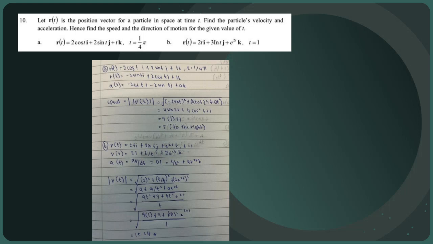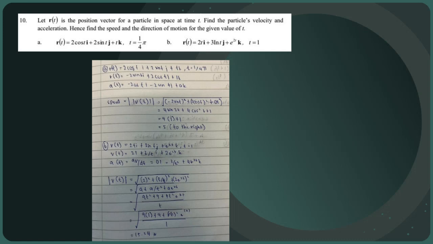Okey, untuk A kita akan differentiate dan kita akan dapat negatif 2 sin t i tambah dengan 2 cos t i tambah dengan 1k. So untuk cari speed kita akan setkan semuanya dan kita akan dapat 4 sin 2t tambah 4 cos 2t tambah 1, dan t tu kita boleh masukkan 1, dan apa yang kita dapat ialah 4 darab dengan 1 tambah 1, dan kita akan dapat 5.